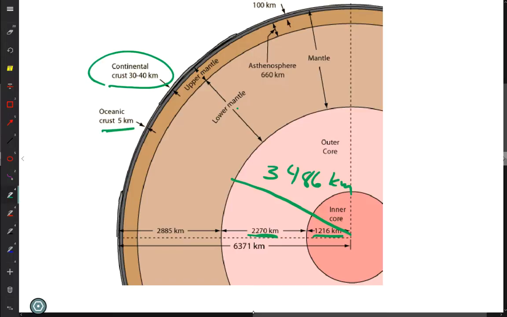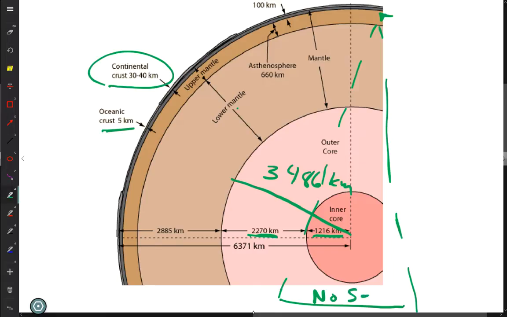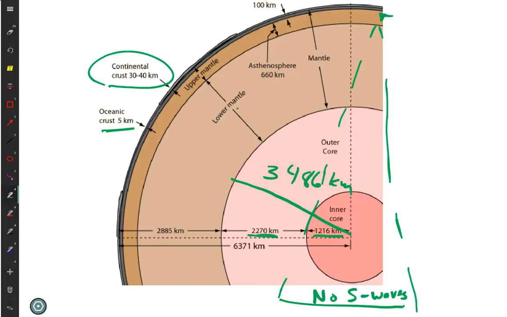And what they found is if you have an earthquake that occurs here, this region here has no S waves. If you have a region with no S waves, they call it a shadow region. That means that there must have been a liquid that stopped the S waves. The P waves still go through. So it's pretty reasonable to know that there's a liquid core.